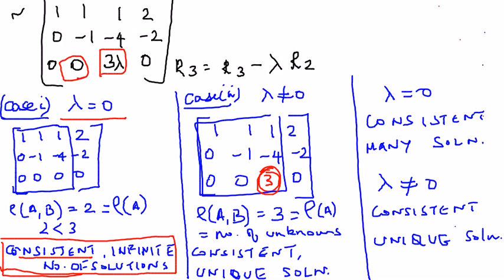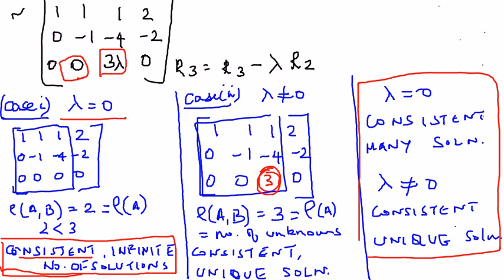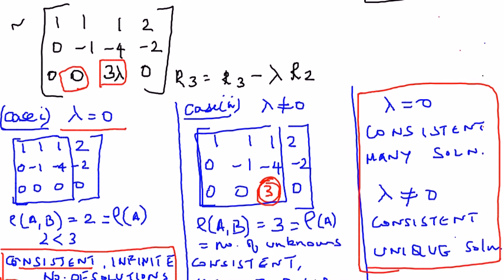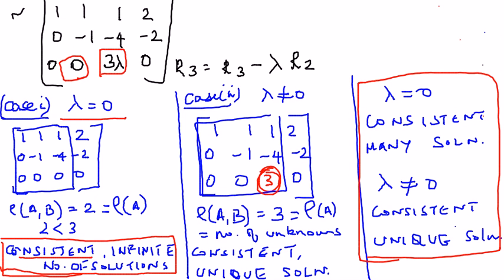Since the rank was same, it was consistent, and we also saw that the rank was equal to the number of unknowns. Therefore we said the system is consistent and has a unique solution. So I think you can leave this over here, and you just give these reasonings correctly. I'm sure you will get your full 10 marks.